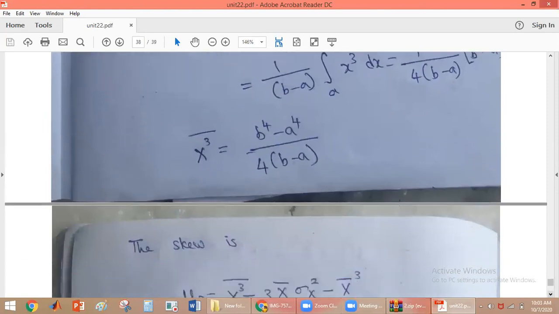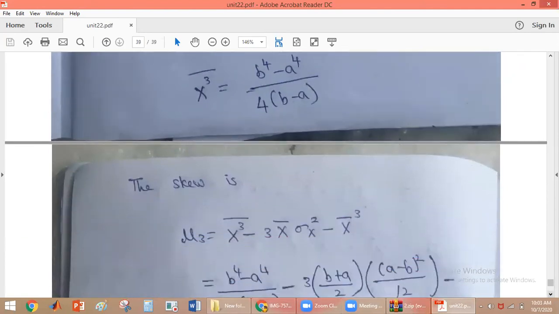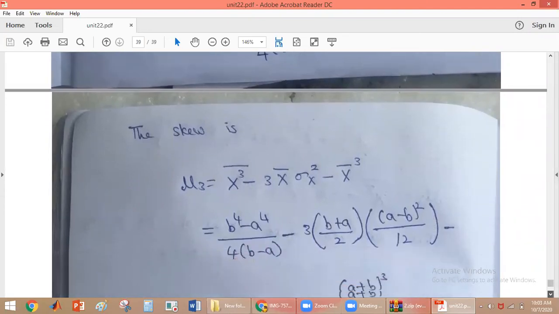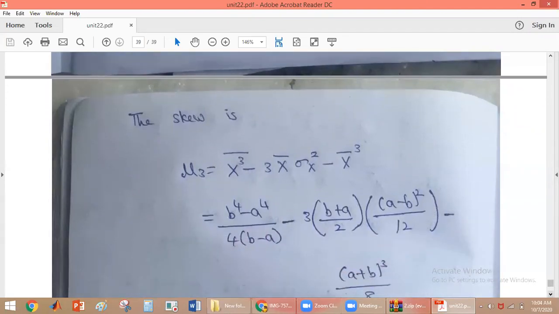Okay, so after finding x cube bar, what is the relation for skewness? It is mu 3 is equal to x cube bar minus 3x bar sigma x square minus x bar cube. So just now we have found x cube bar: b power 4 minus a power 4 by 4 into b minus a, minus 3.